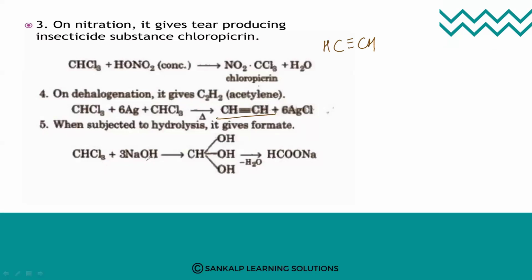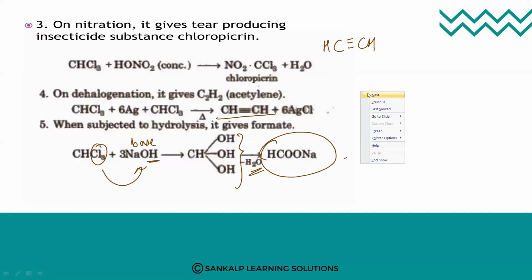Then when you subject it to hydrolysis, that is base hydrolysis in the presence of base, you get a formate. So what is happening here? Your Cl3 are replaced by OH. Further hydrolysis with water will give you a formate molecule. So these are some of the important properties of chloroform.